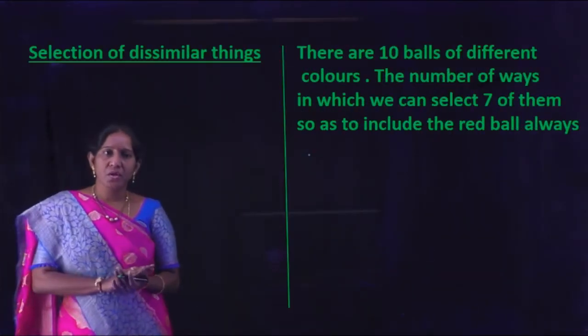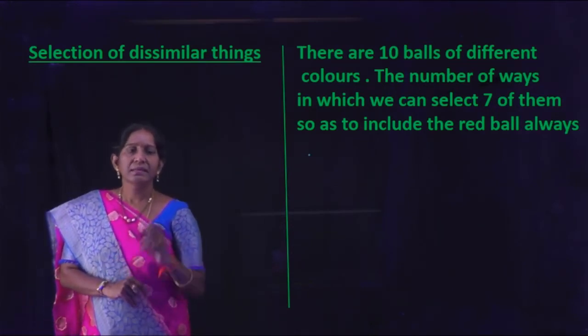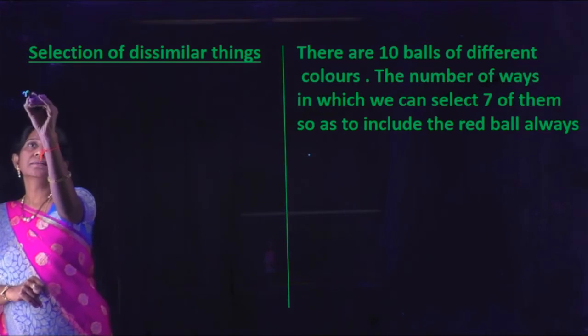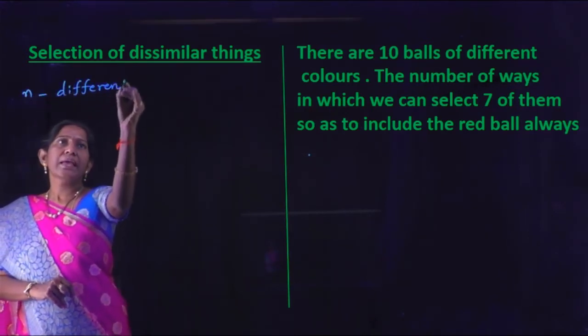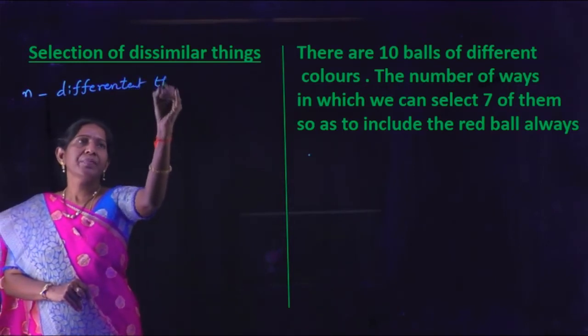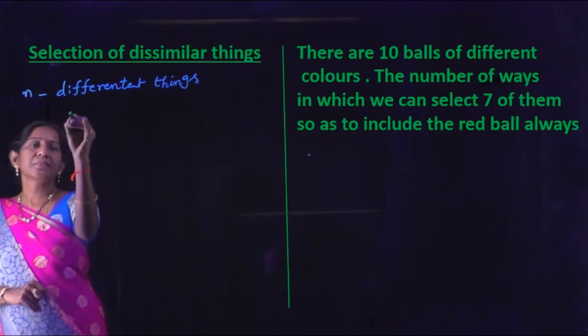Come to the next concept, selection of dissimilar things. There are n different things. We select r things.